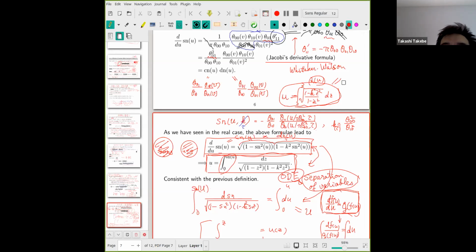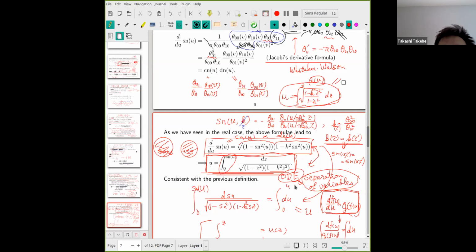But because of this expression, when K defined by this formula at tau and tau prime is the same, then this function is defined uniquely.